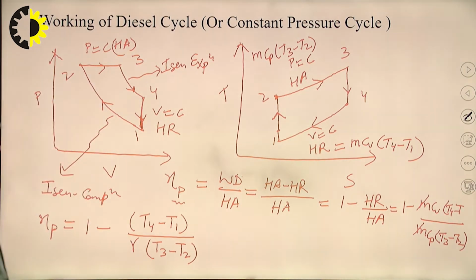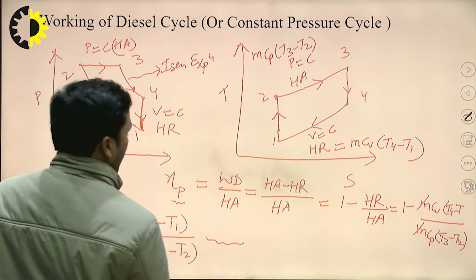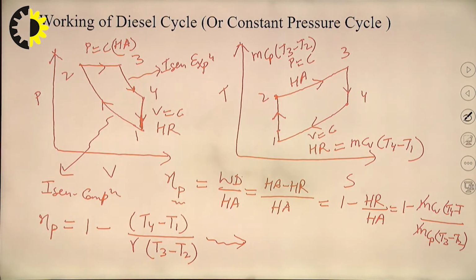So this is the thermal efficiency of the diesel cycle in terms of temperature. Generally we have to convert this temperature format into compression ratio and cutoff ratio.